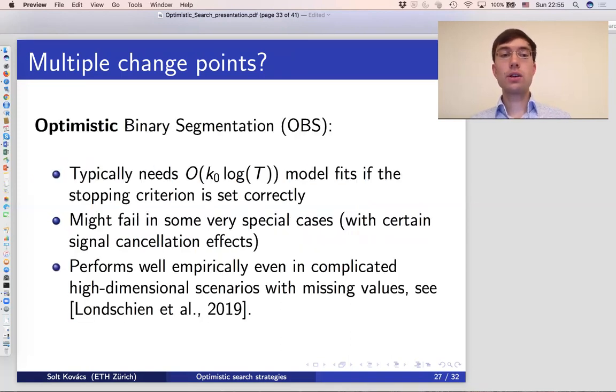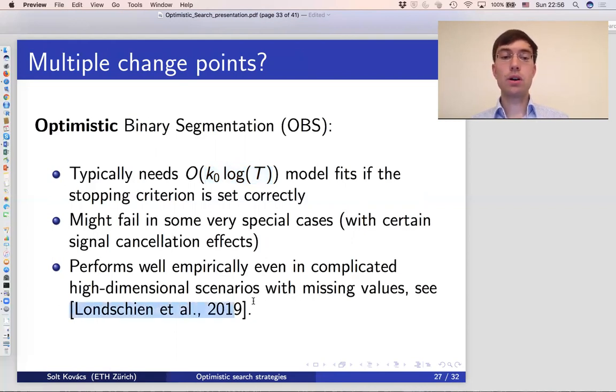Okay, and if you consider binary segmentation and the optimistic version thereof, then the nice thing is that it needs typically the number of change points times a logarithmic number of model fits. So the computational time is adapted to the number of change points, and it's only off by a logarithmic factor. The problem is that in some very special cases, this search might fail due to some signal cancellation effect. But these are very rare.